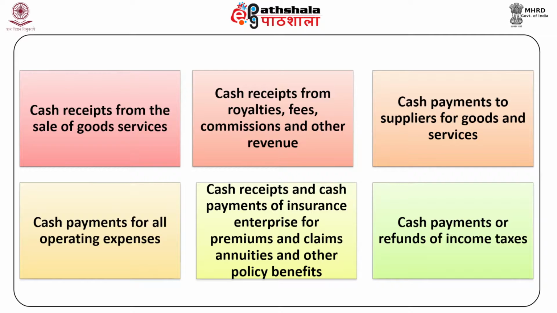D. Cash payments for all operating expenses. E. Cash receipts and cash payments of an insurance enterprise for premiums and claims, annuities and other policy benefits. And F. Cash payments or refunds of income taxes.